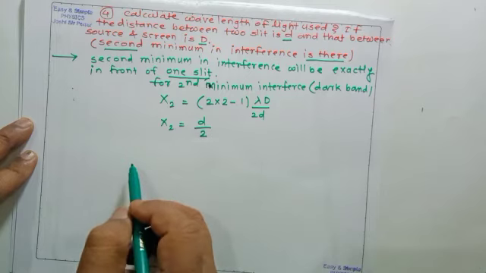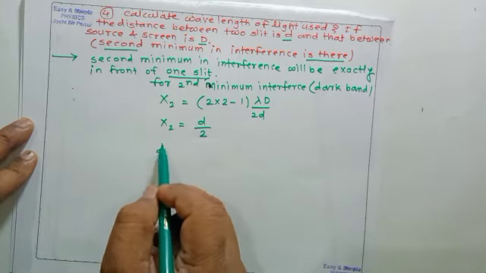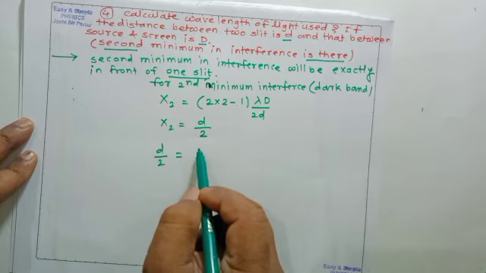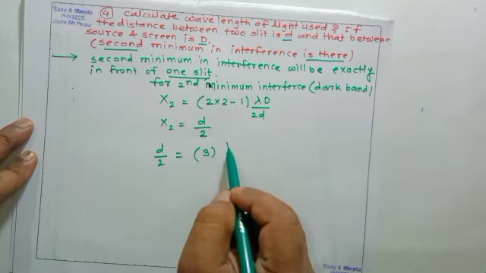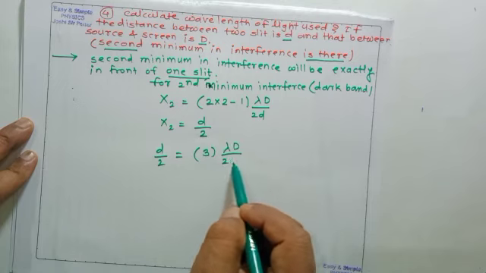From both equations we can write d upon 2 is equal to 2 into 2 minus 1, means 3, lambda capital D upon 2 small d.